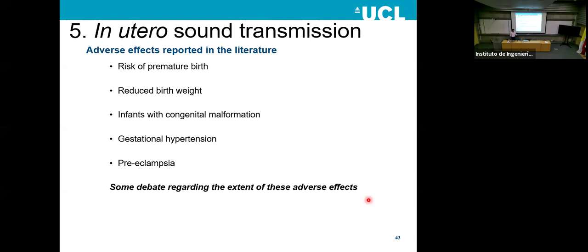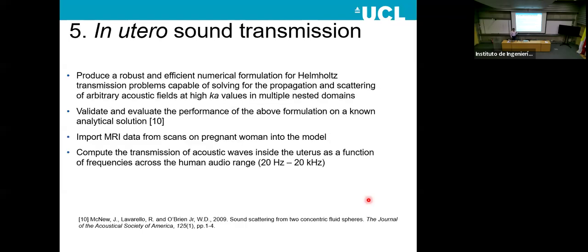It could be due to stress, higher cortisol levels induced by stress, which have physiological adverse effects. What we wonder, however, is whether part of the explanation is sound being a mechanical wave, and that, contrary to what we may perceive, the maternal abdomen doesn't really shelter the fetus much from external noise.